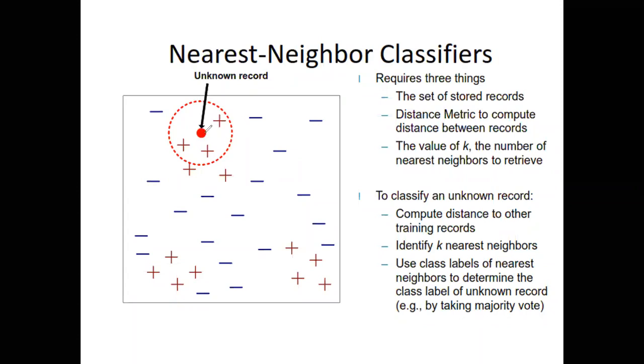The red point is here in this space. It has computed the distance between itself and the rest of the points. Now I say that k is 3, so it will try to find out how close it is to 3 neighbors. In this diagram, it is close to all positive neighbors: plus, plus, plus.